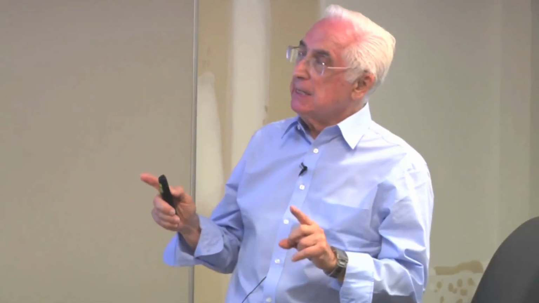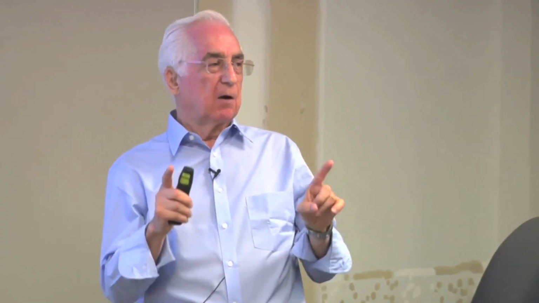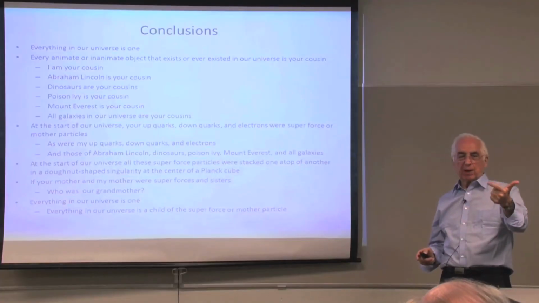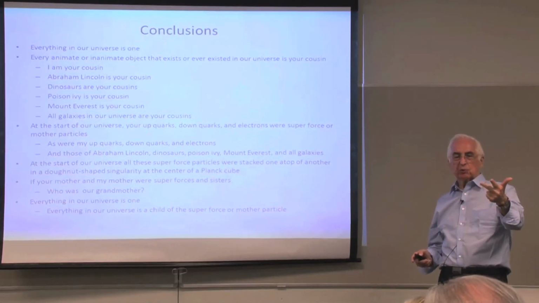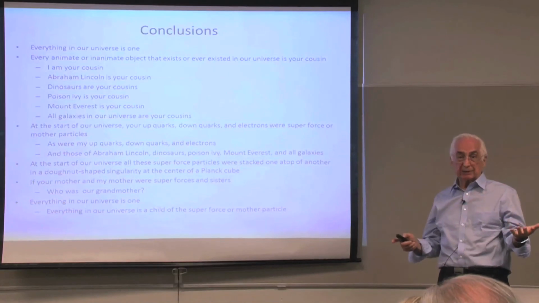Because at time t equals 0, every up quark, down quark, and electron in your body, which are the basic building blocks of all atoms and molecules in your body, were in the form of superforce or mother particles, as were every up quark, down quark, and electron in my body, in those in Abraham Lincoln, in dinosaurs, in poison ivy, Mount Everest, and in all the galaxies.